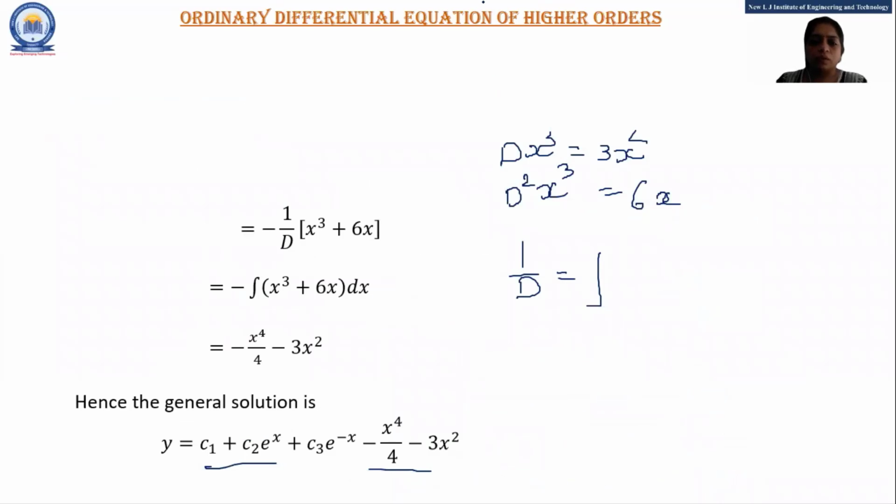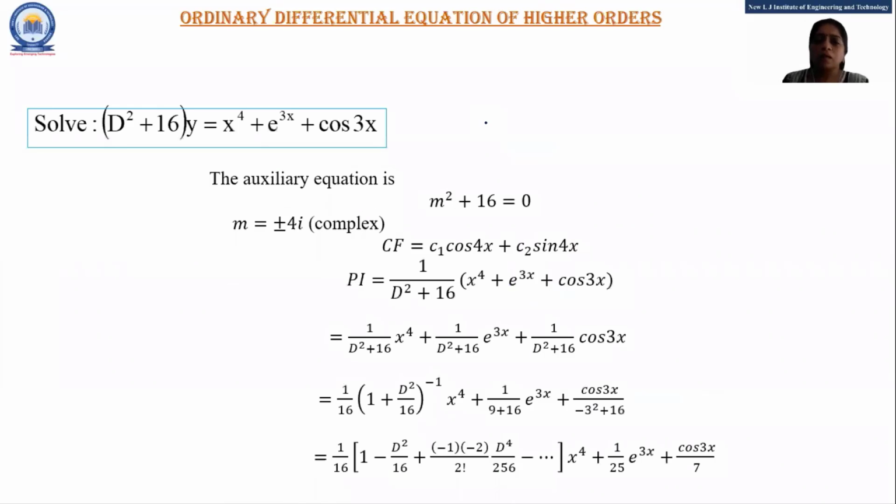Let's move on with one more example. Students, I'm taking this example in particular because it contains all three cases which we learned. See here, D square plus 16 into y equals x raised to 4 plus e raised to 3x plus cos 3x. On the right-hand side there are a total of 3 terms.